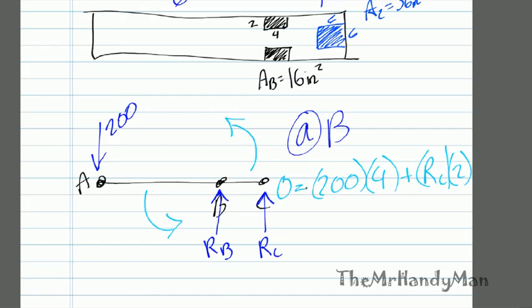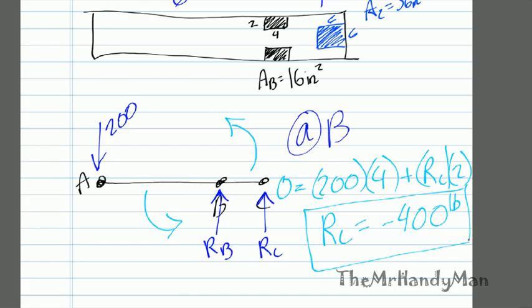Well, to calculate it out for us, we know that RC is going to equal negative 400 pounds. Negative 400 just indicates that the arrow should actually be going downward. We don't need to worry about that.